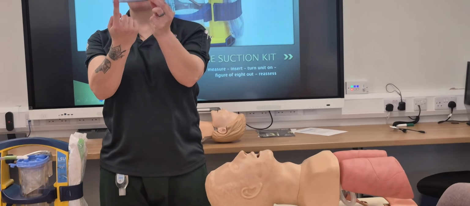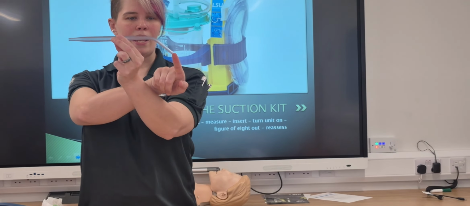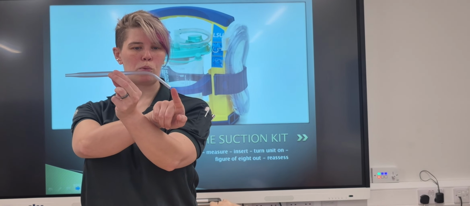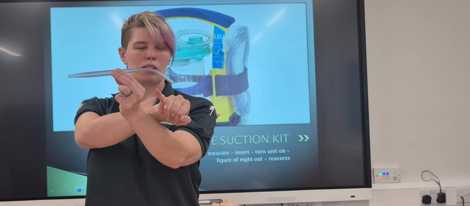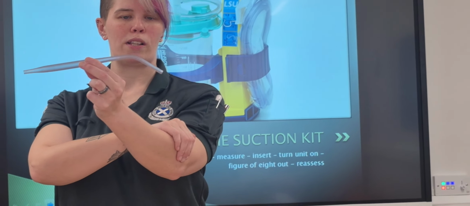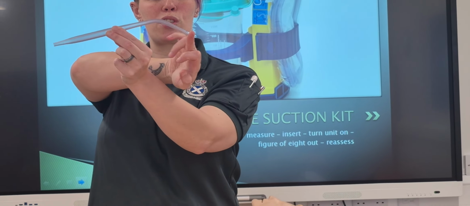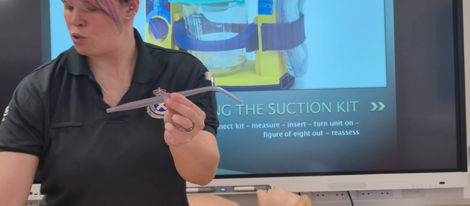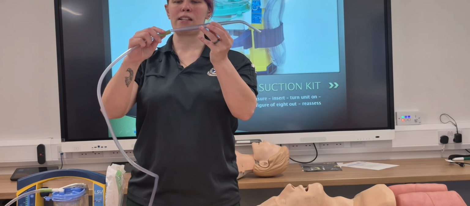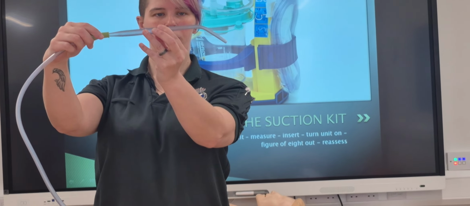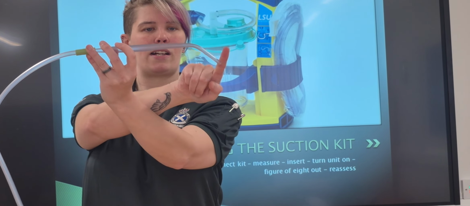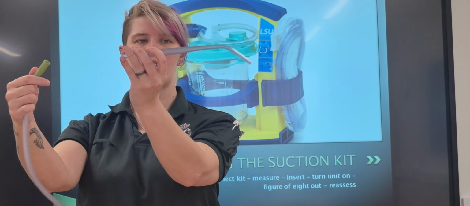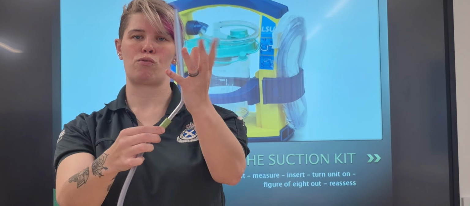So this end connects to the tubing, and that end, which you'll not be able to see at the moment because you would need to zoom in, has got little holes on the end of it as well. It just makes sure that if this blocks, then it'll still be suctioning around about the outside. So make sure that you're connecting it up correctly, which is that way. So you see the angle there, so that's correct. Don't block the holes, that is wrong.